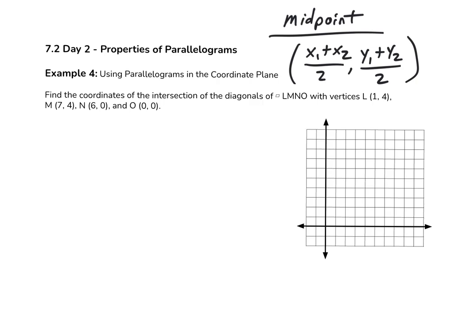So we have 4 points here, L, M, N, and O, and we're going to plot those 4 points on our coordinate plane. So we have 0, 0, we have 6, 0, we have 7, 4, and we have 1, 4.